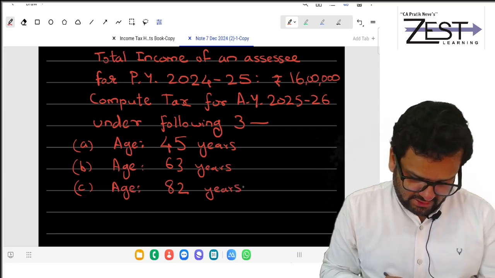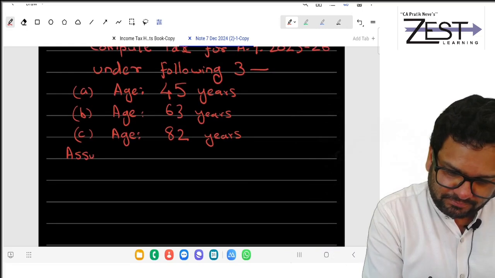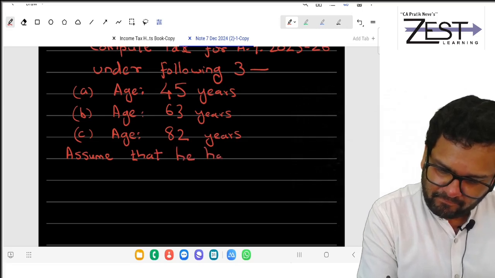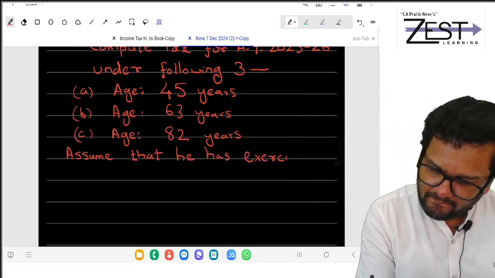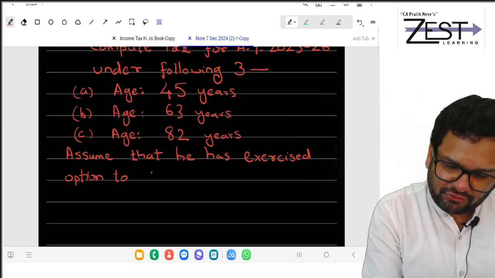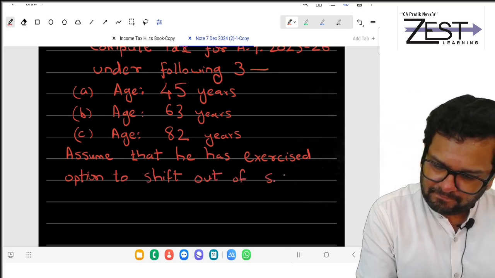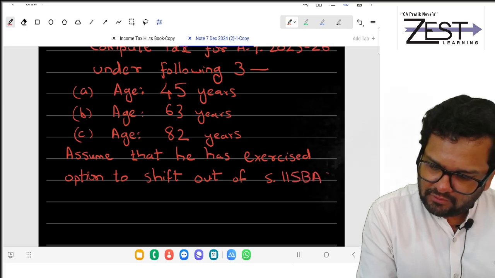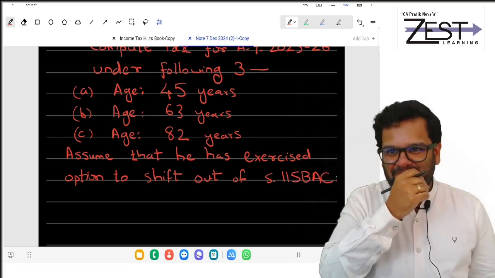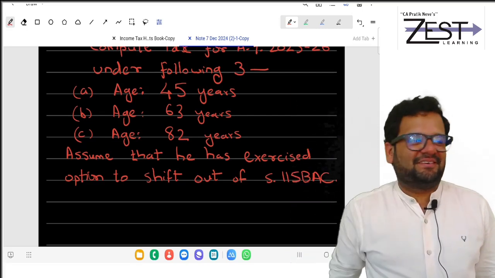Assume he has exercised option to shift out. Assume that he has, this is important, na? Exercised option to shift out of section 115 BAC. Otherwise, you will apply 115 BAC slabs. If you apply 115 BAC, we have already done the calculation.